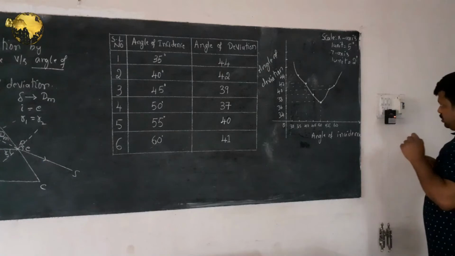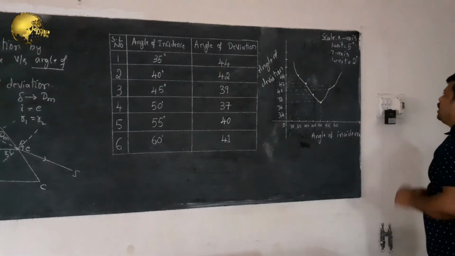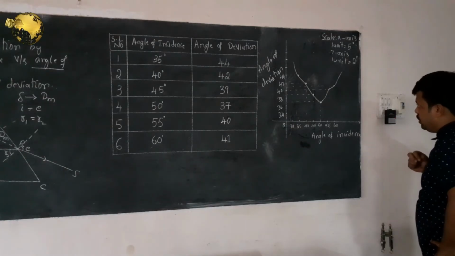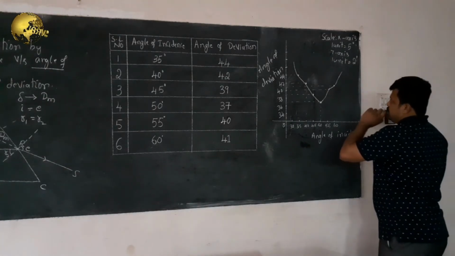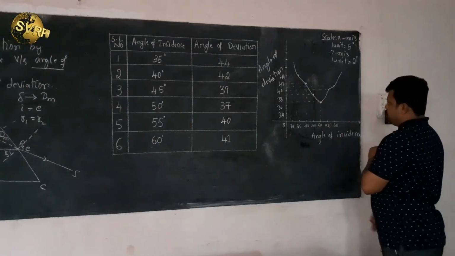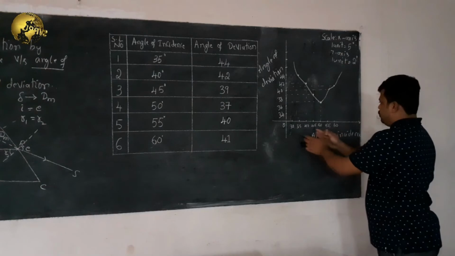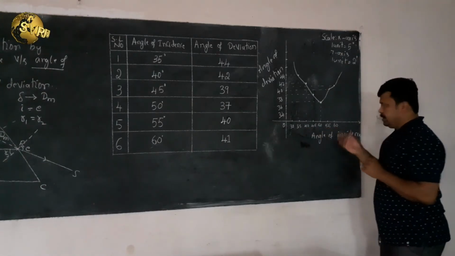So this is the graph of angle of incidence versus angle of deviation. You can see on either side there are two angles of incidence for the same angle of deviation.